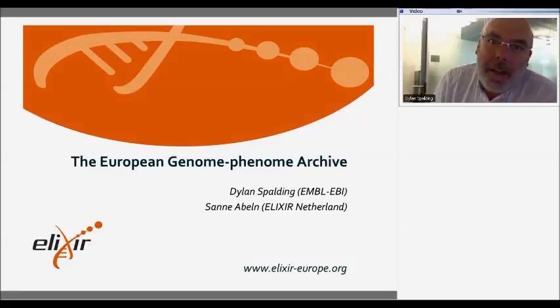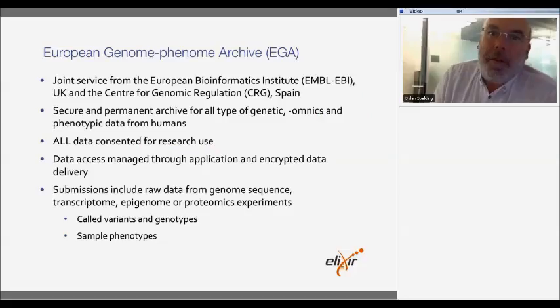Thank you, Sanne. I'm going to talk about the European Genome-phenome Archive. Now, this is a joint service for the European Bioinformatics Institute and the Centre for Genomic Regulation in Spain. We're a secure and permanent archive for all types of genetic, omics, and phenotypic data for humans.